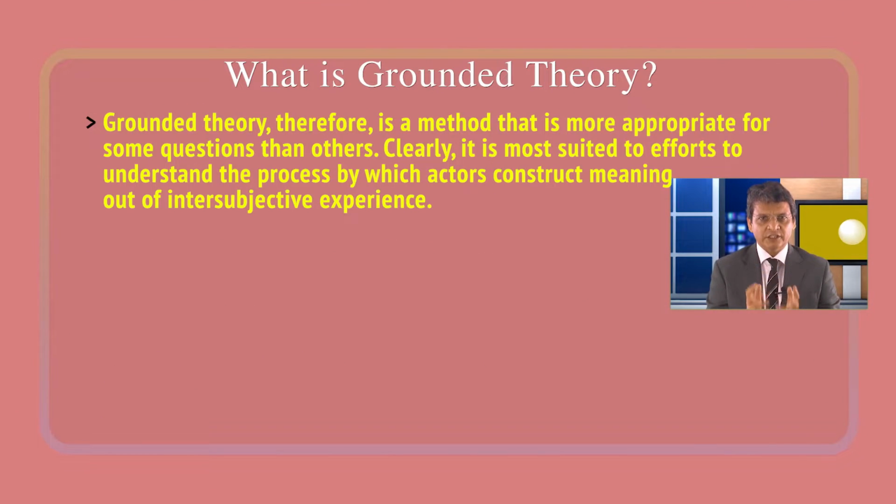Friends, grounded theory, therefore, is a method that is more appropriate for some questions than others. Clearly, it is most suited to efforts to understand the process by which actors construct meaning out of subjective experience.